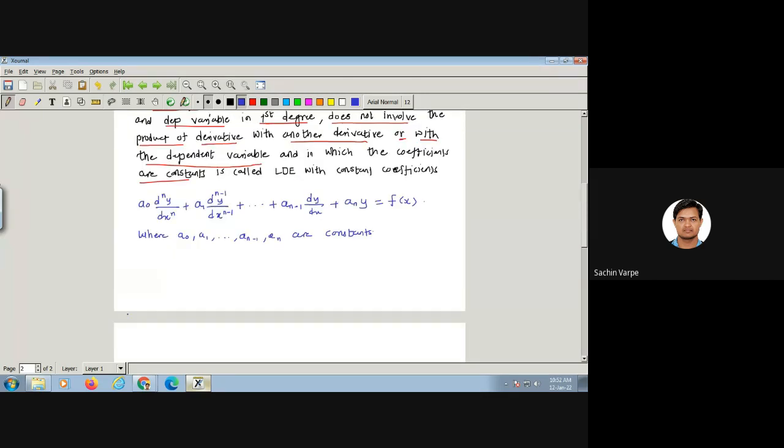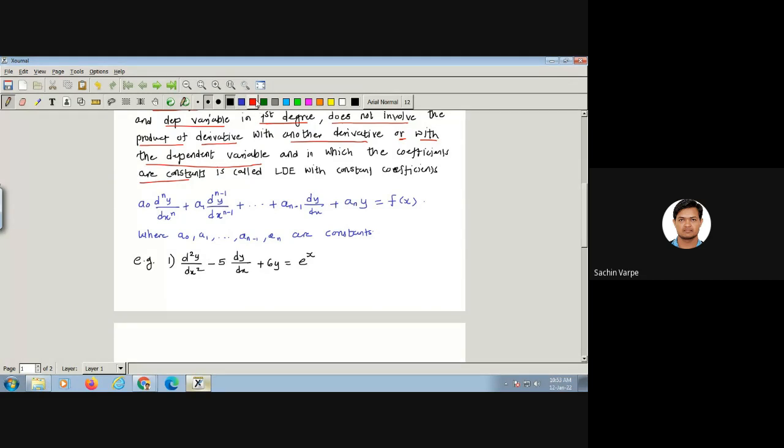For example, first, say d²y/dx² minus 5 dy/dx plus 6y is equal to say e^x. Okay? So this is a linear differential equation. You can see the order of the differential equation is 2 because the second order differential term is there.